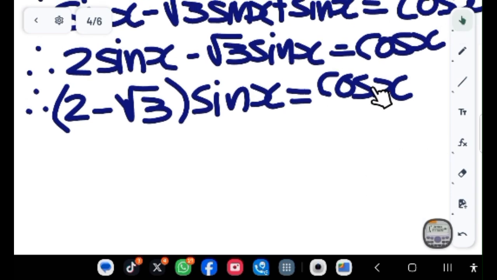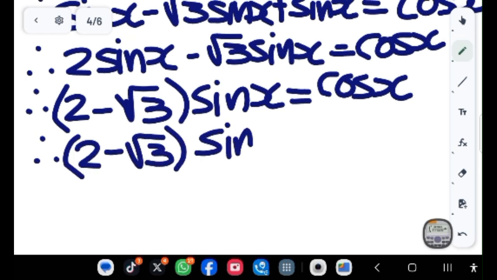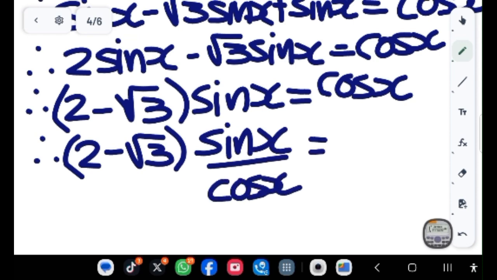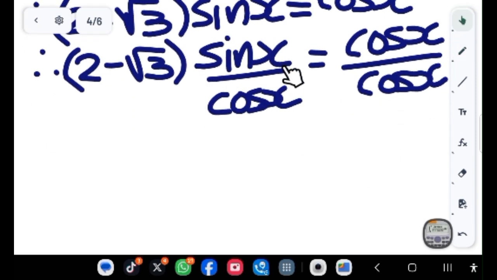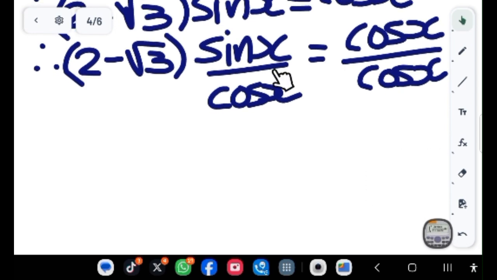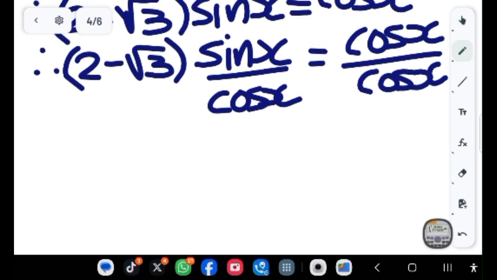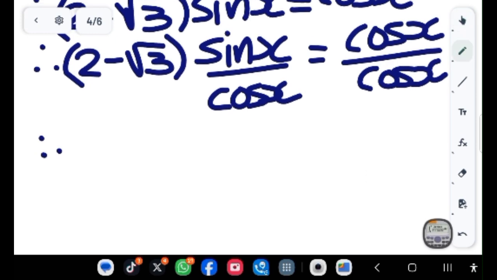Now here we are. So what you do here is you divide both sides by cos x. Why? Because we want to achieve a situation where you've got only one trigonometric ratio, and in this case that trigonometric ratio will definitely be tan, because now we use the quotient identity.